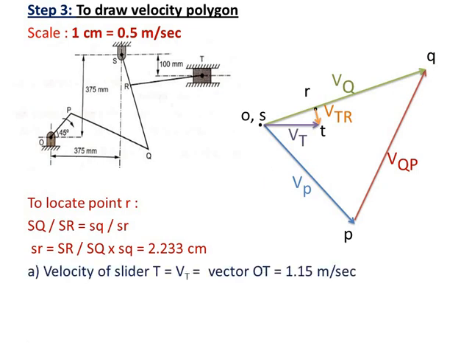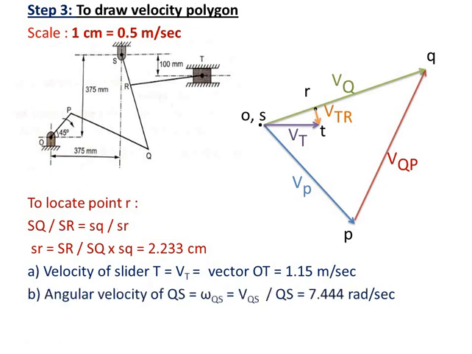Now we have to calculate the velocity of slider T. Simply measure this distance O to T, multiplied by scale. It will give you the actual velocity of T, 1.15 meter per second.